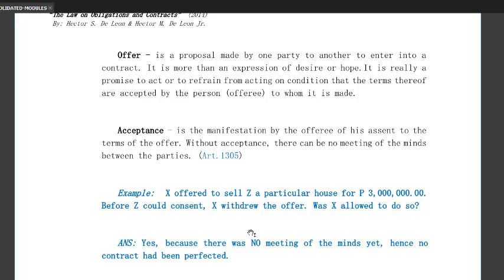Well, if the offer is made through an agent, the contract is perfected from the time the acceptance of the offeree is communicated to the agent. So, okay lang yun kapag kausap natin ang agent. Bakit? Even before it is being conveyed to the principal.